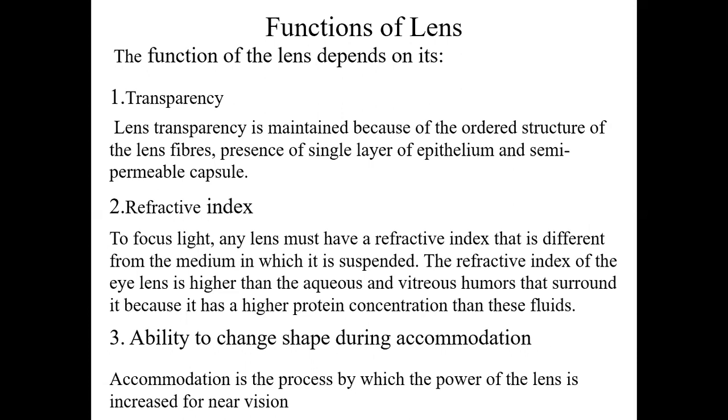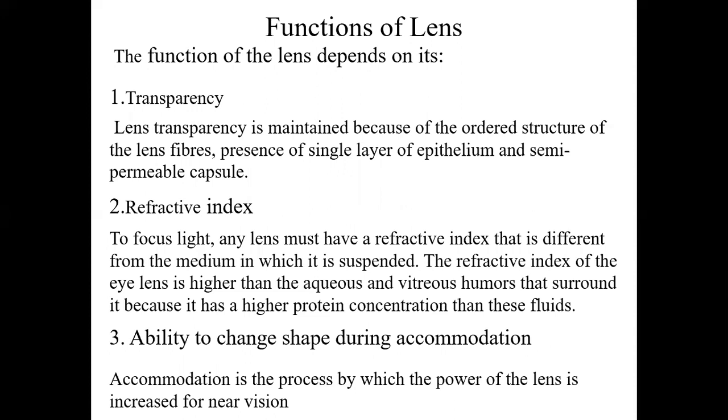It has the ability to change shape during accommodation. We talked about that. When it changes its shape and enlarges, the power increases, and it refracts light rays more, and they converge very near, and a person is able to have near vision, to read from the shortest distance.